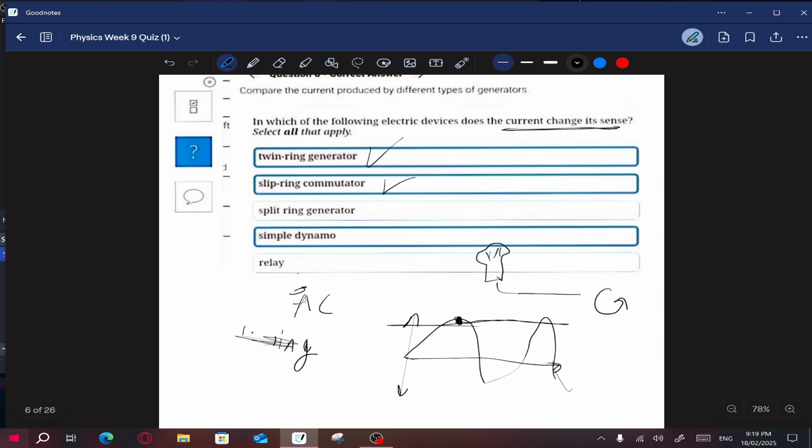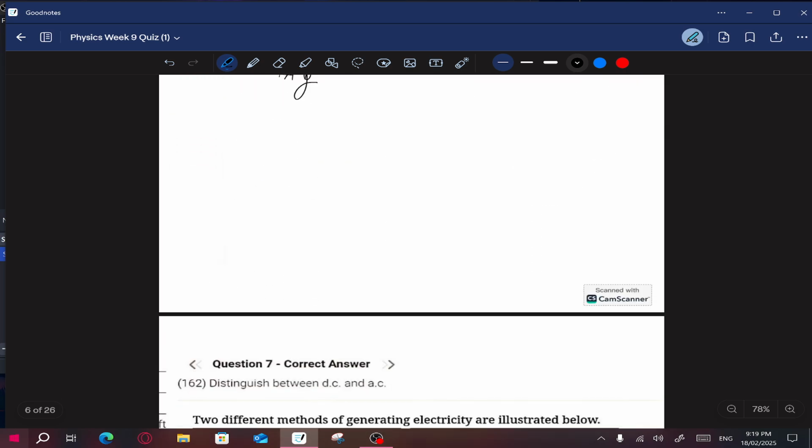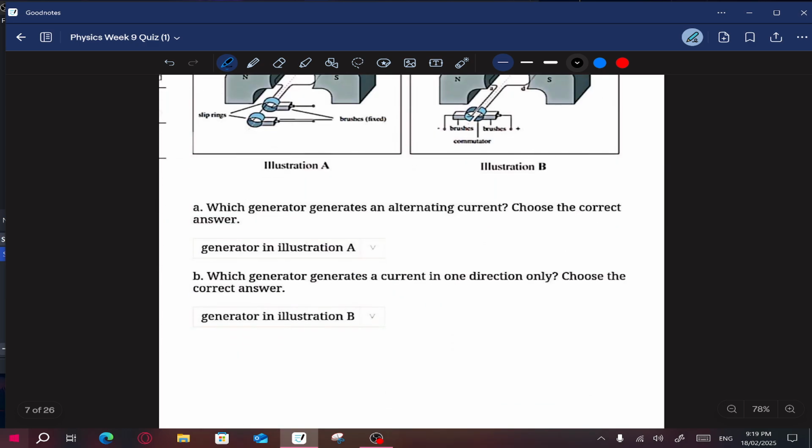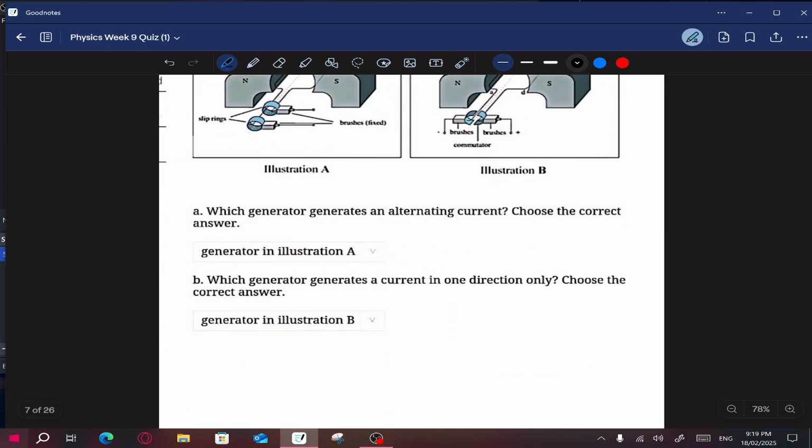When I stop pedaling, I stop this motion, this will receive no current. Therefore, it alternates all the way back down to here, which means that it is an alternating current. And this is a simple dynamo. This is the true definition of a simple dynamo because it has nothing added to it. It's just a bicycle connected to a light bulb. So we could also use a simple dynamo to change the sense of the current. And we could also change it to negative because essentially a light bulb uses AC current anyway.